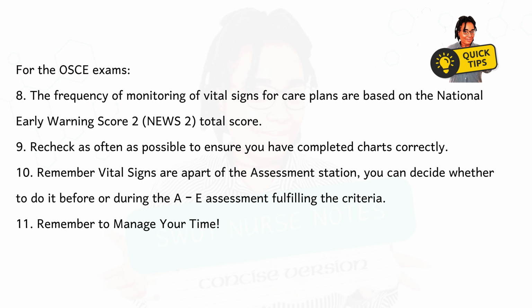The frequency of monitoring of vital signs for care plans is based on the National Early Warning Score 2 total score. Recheck as often as possible to ensure you have completed charts correctly. Remember, vital signs are a part of the assessment station. You can decide whether to do it before or during the assessment, fulfilling the criteria. Finally, remember to manage your time.